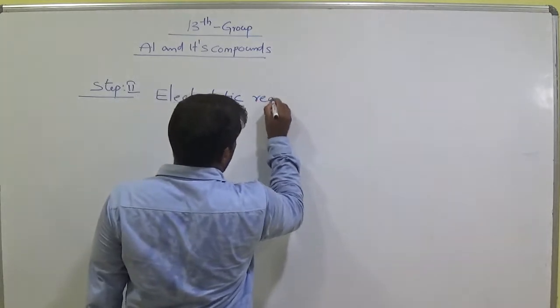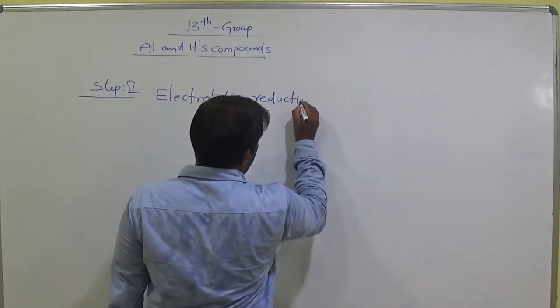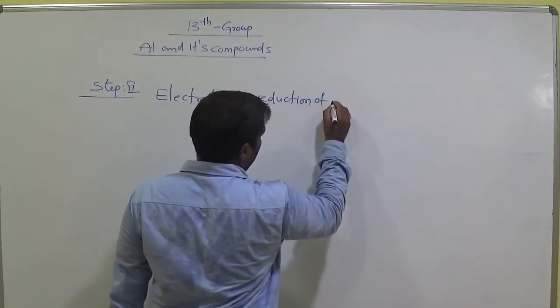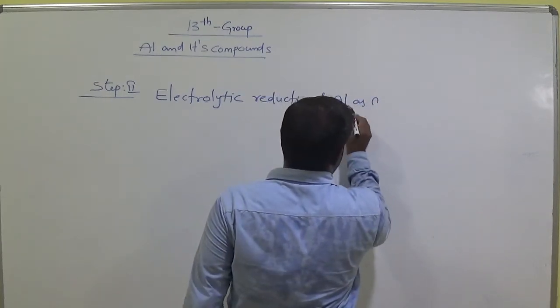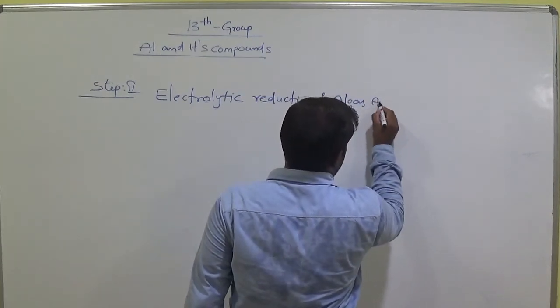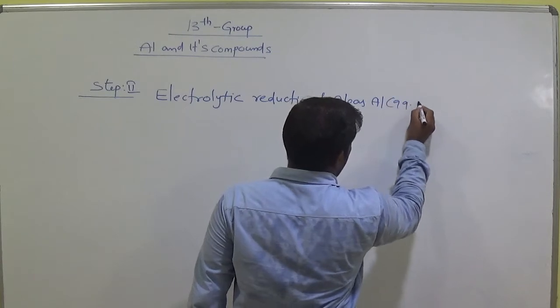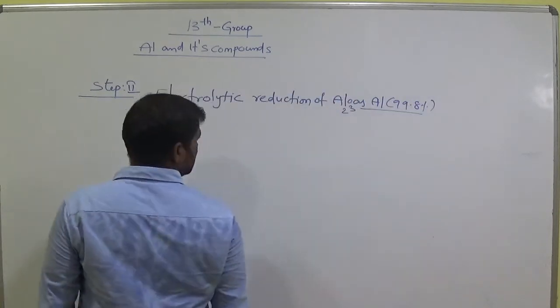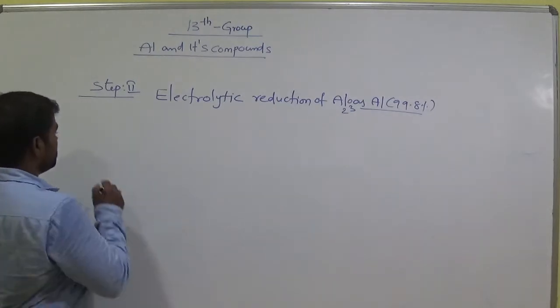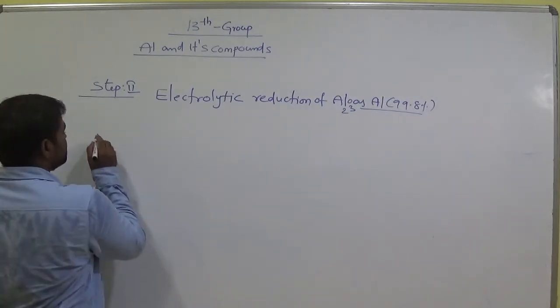In step 2, it is the electrolytic reduction to obtain aluminium, Al, 99.8%. In that there are 2 mechanisms.